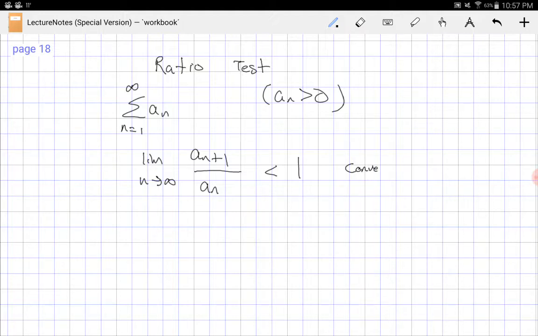And if the limit as n goes to infinity of a_(n+1) over a_n is greater than 1, then the series will diverge.